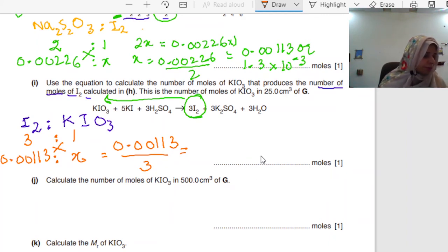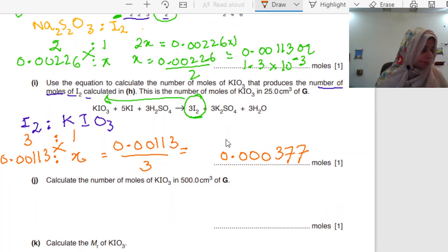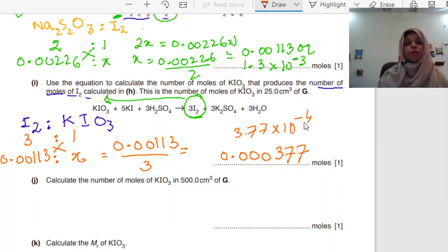After calculating we will get the value 0.000377, or another way we can write the value, that is 3.77 into 10 raised to power minus 4. So this can be the answer of it. So we calculated the number of moles of potassium iodate, that is KIO3.